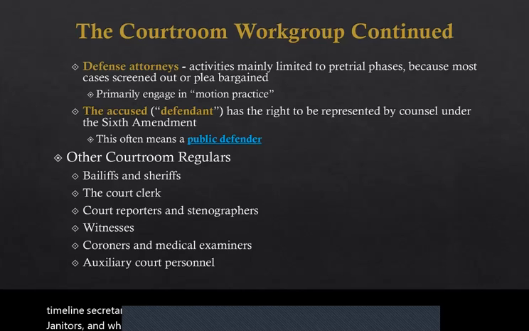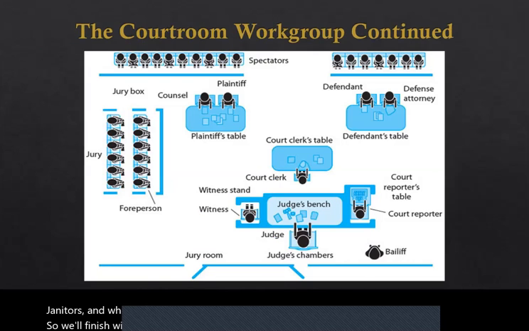So we'll finish with this. This is the courtroom work group, where they generally sit, right? So you have the jury box on the left. The person with the burden of proof, which is the plaintiff or the prosecutor, sits closest to the jury.